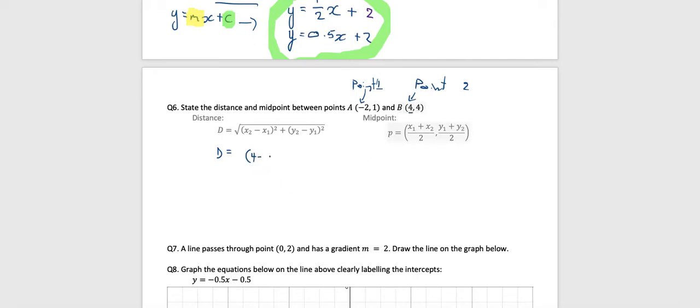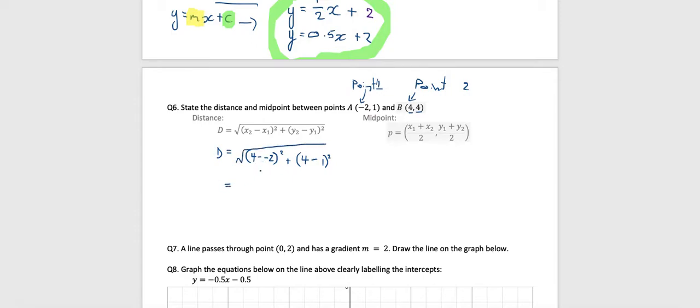So 4 minus, and then point 1 is this -2. 4 minus -2 squared plus y2, so this guy, also 4 minus 1, and that is all squared, and that is all square rooted.